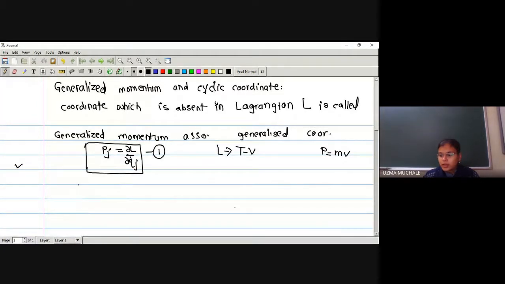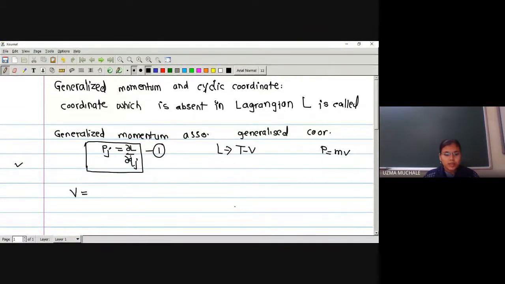Now, next we are going to see the case of a conservative system. If you remember, in the case of a conservative system, potential energy is not a function of generalized velocity. Why? Because in a conservative system the forces are constant. If forces are constant, obviously there will not be any acceleration.